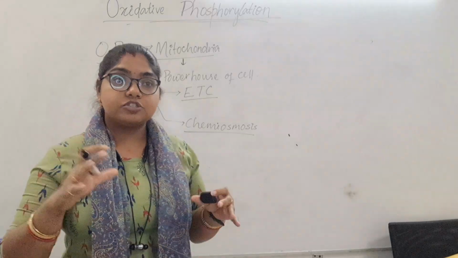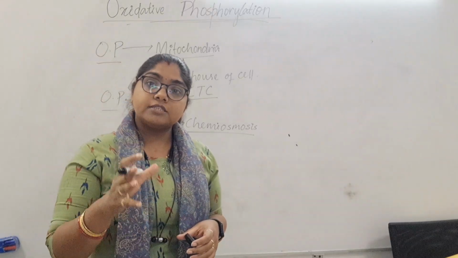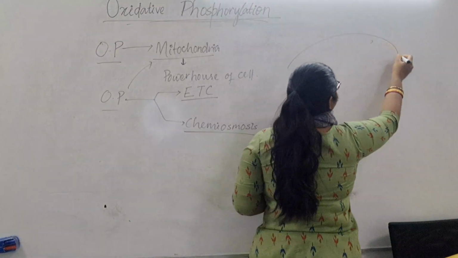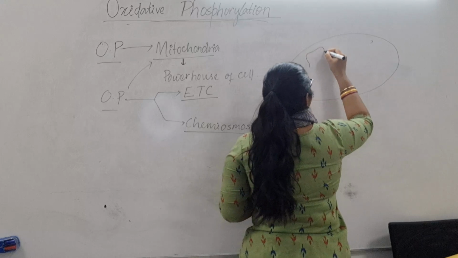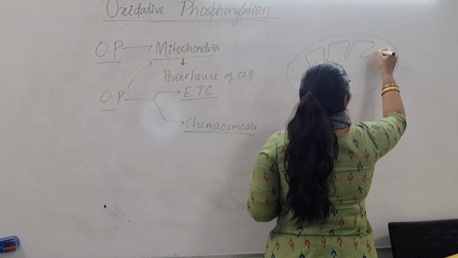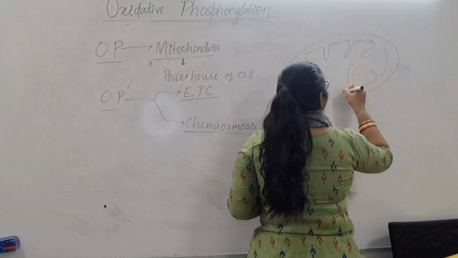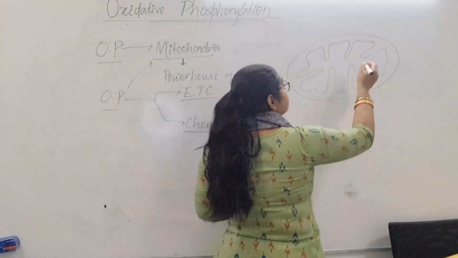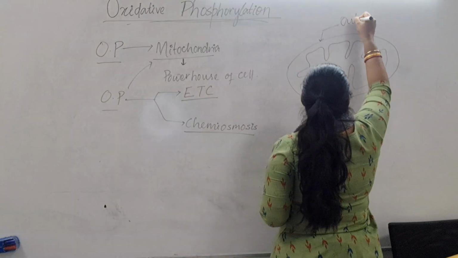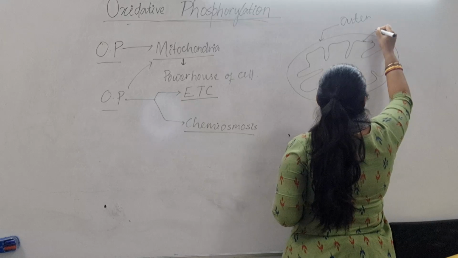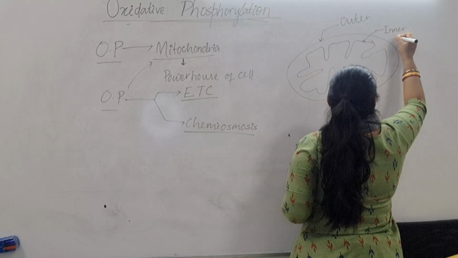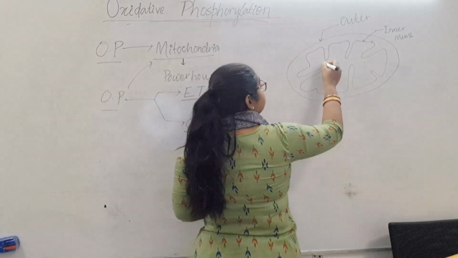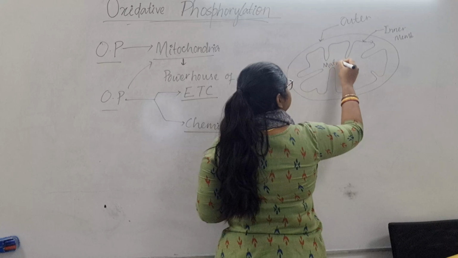If we look at the structure, mitochondria is a double membranous structure. It has the outer membrane and the inner membrane, which has some cristae, and inside the inner membrane there is the matrix.